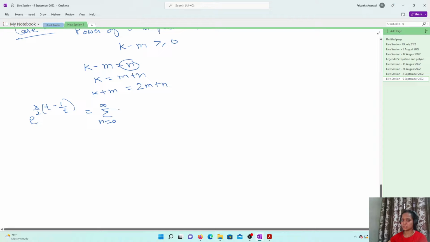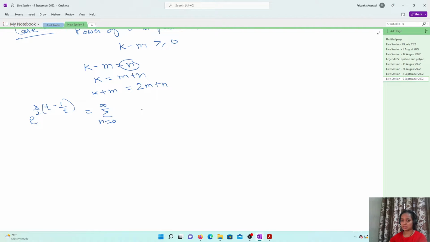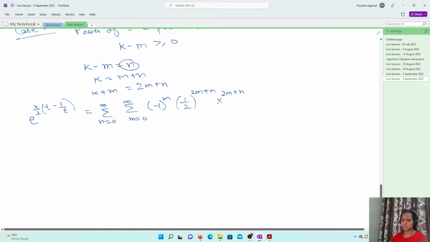So summation n equals 0 to infinity, and summation n equals 0 to infinity. See, n remains here, (-1)^n into (1/2)^(2n+n), x^(2n+n) into t^n over (n+n) factorial into n factorial. Right?